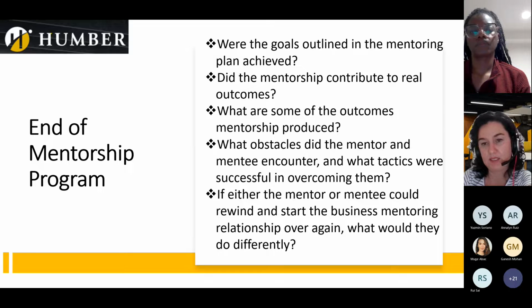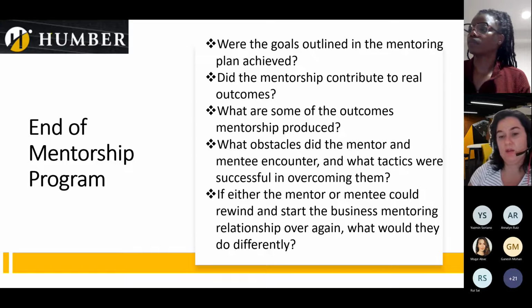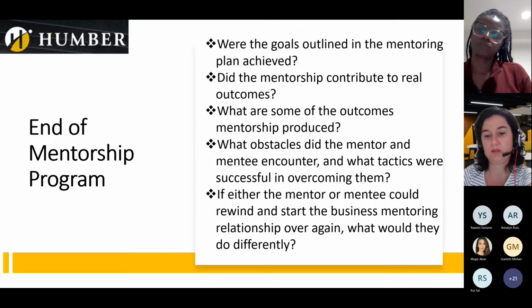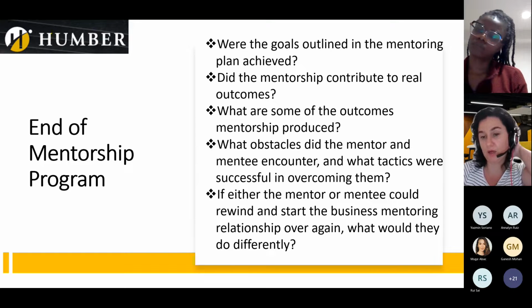Were the goals outlined in the mentoring plan achieved, or did the mentorship contribute to real outcomes? What are some of the outcomes that mentorship produced? What obstacles did the mentor and mentee encounter, and what tactics were successful in overcoming them? If either the mentor or mentee could rewind and start the business mentoring relationship over again, what would they do differently?